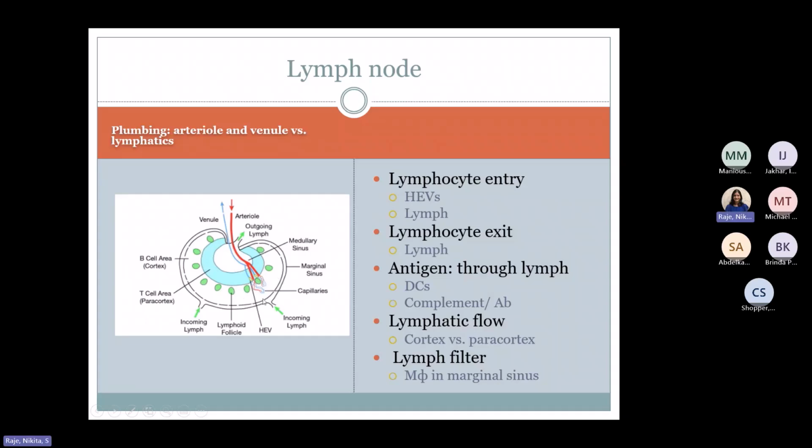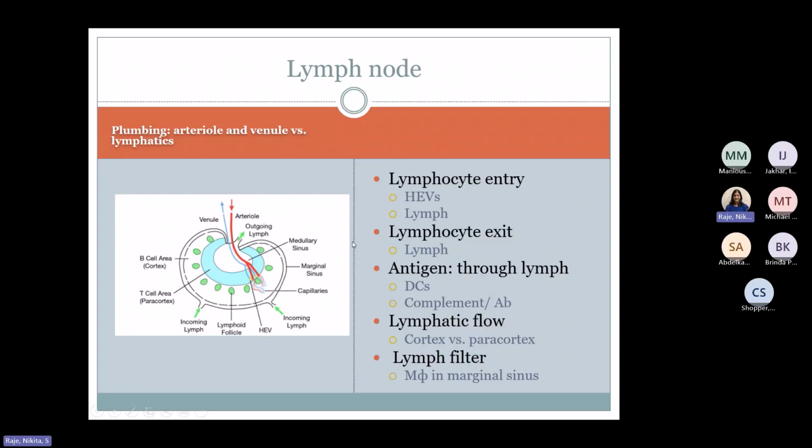The flow of lymphatic fluid is from the cortex to the paracortex. And when the lymph enters these sinuses, there are macrophages in the marginal sinus that will actually engulf and phagocytose some of the bigger antigens. So that's how the lymph node is structured.